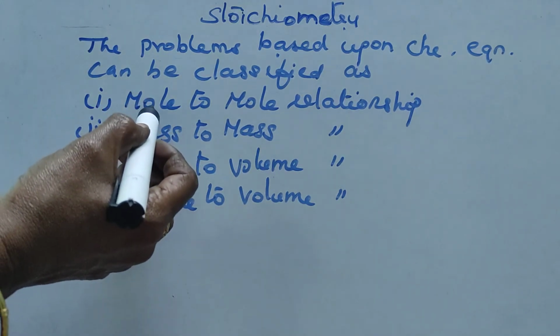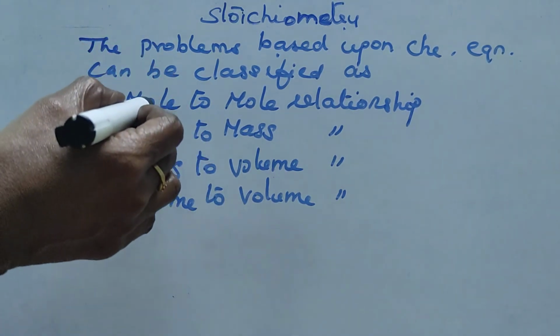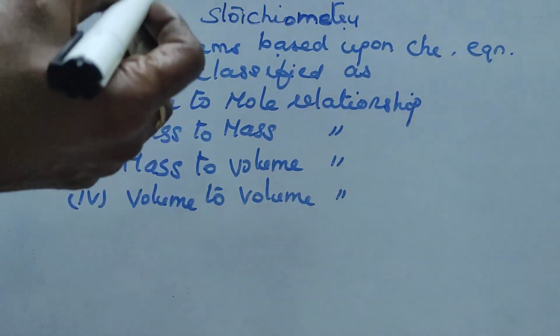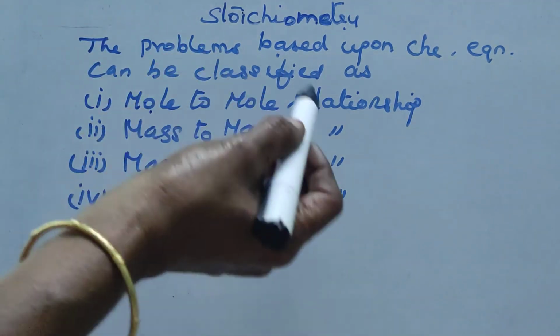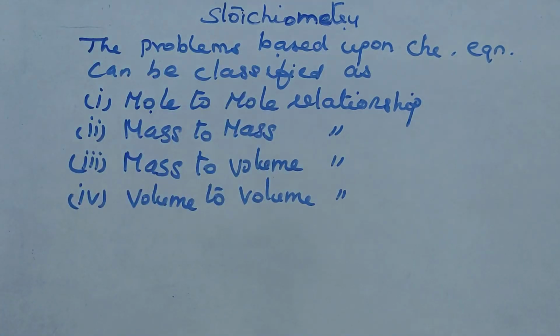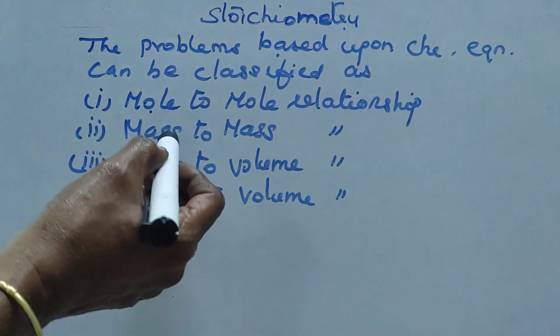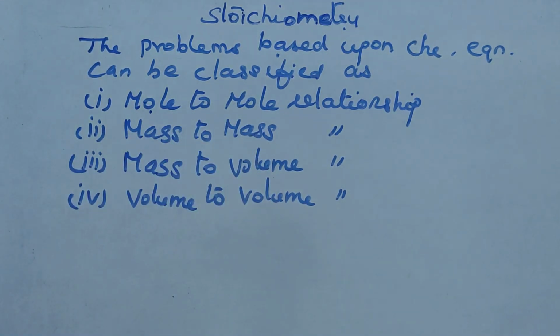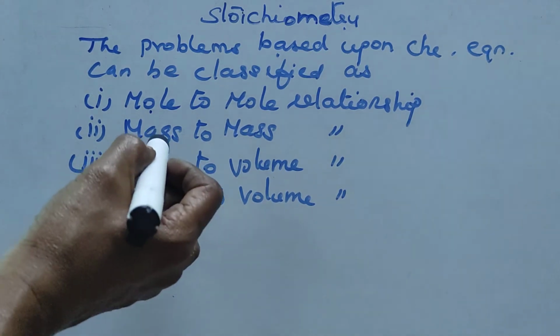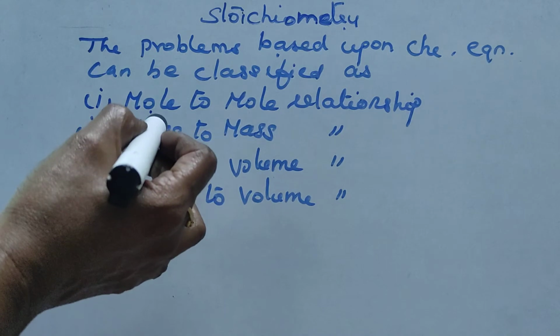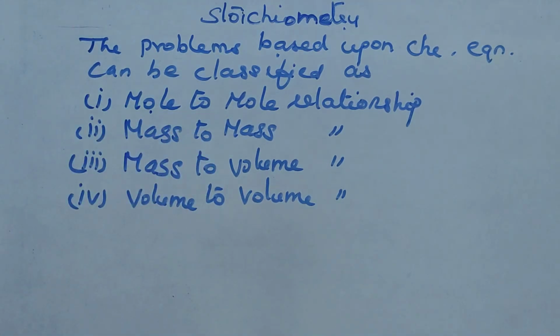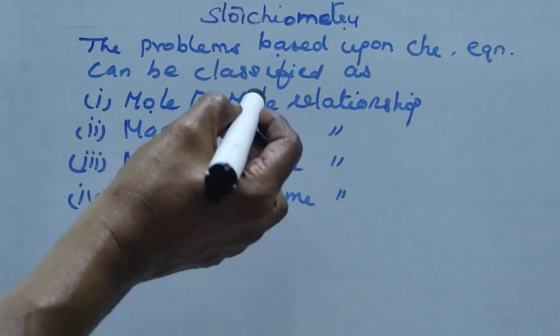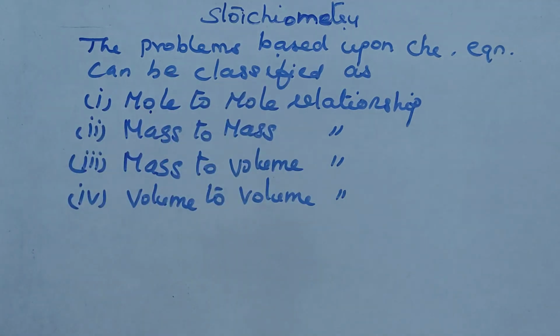Mass to mass relationship. In these type of problem, the mass of one of the reactants or product will be asked by giving the mass of reactant or product.